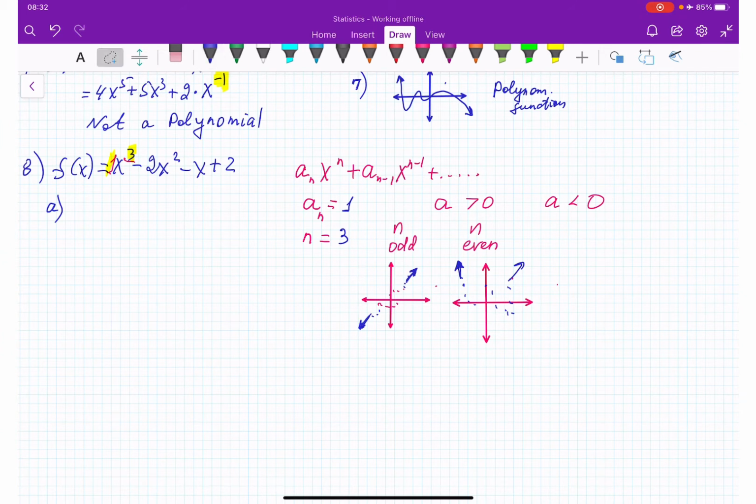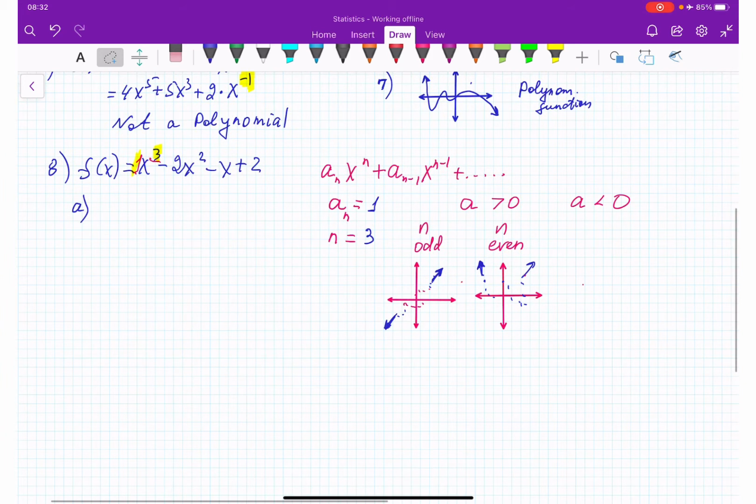All right, now we move to a is less than 0. Okay, a is less than 0. Let's see how the shape is going to look.